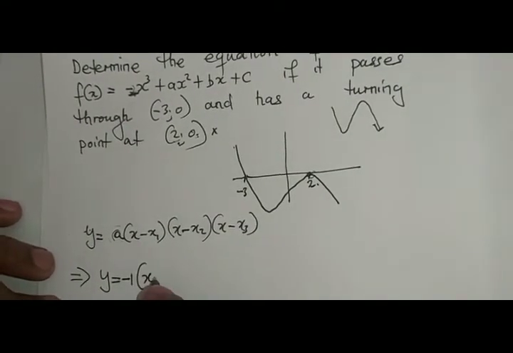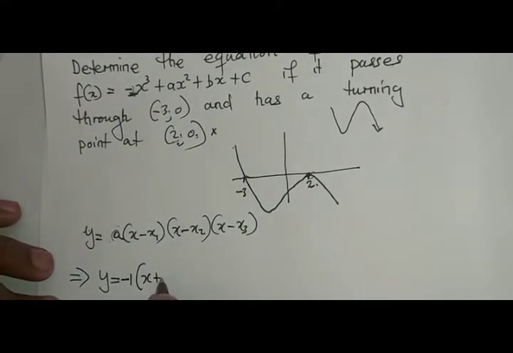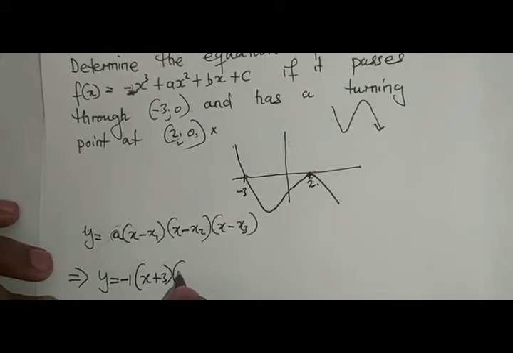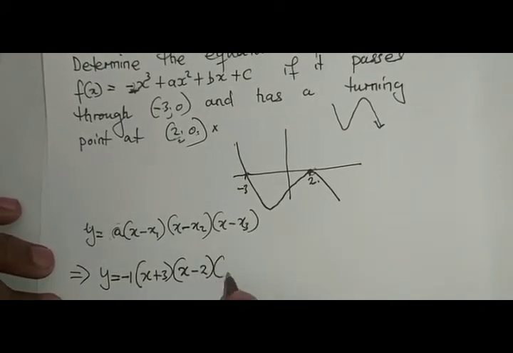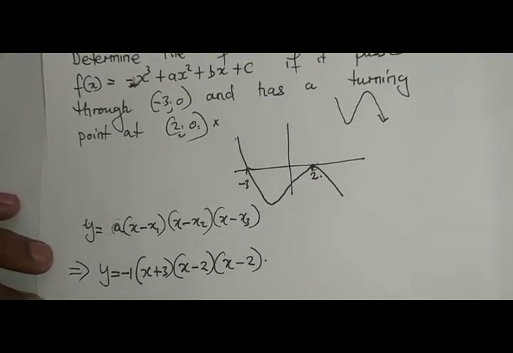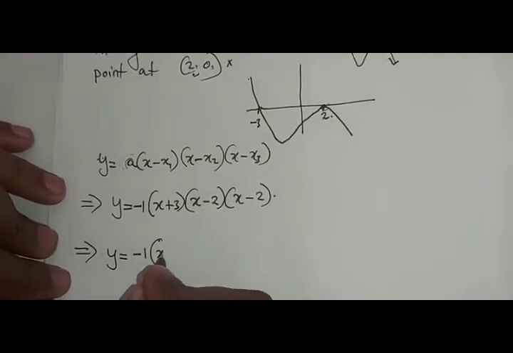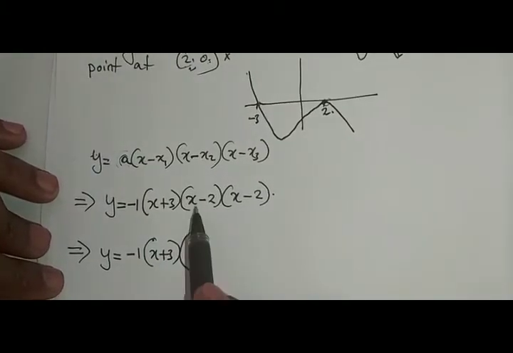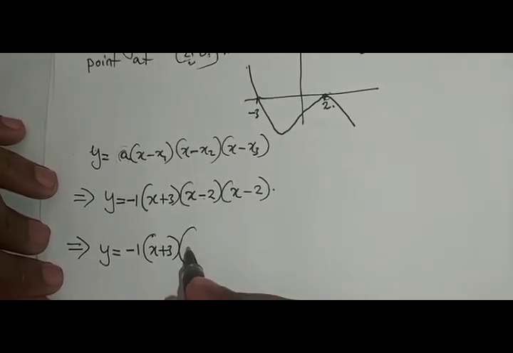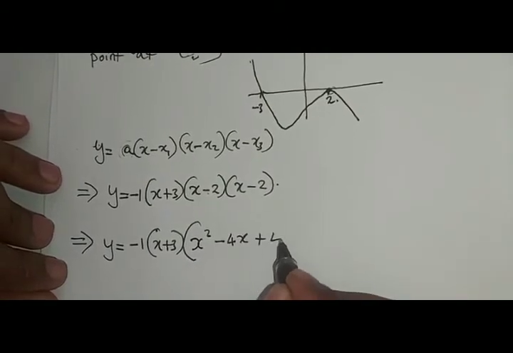Then it will be x minus, in this case it will be minus 3, which will be x plus 3 into x minus 2, which means here it will be x minus 2 multiplied by, again, x minus 2, which implies that y equals to minus 1, we keep it outside, x plus 3 into, as you expand this x minus 2 into x minus 2, it will give us x squared minus 4x plus 4.